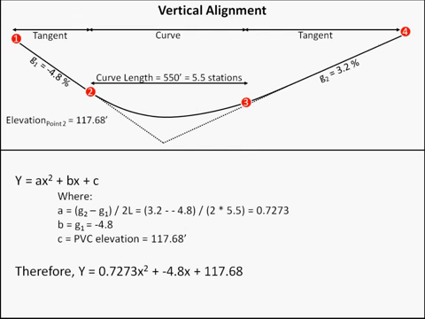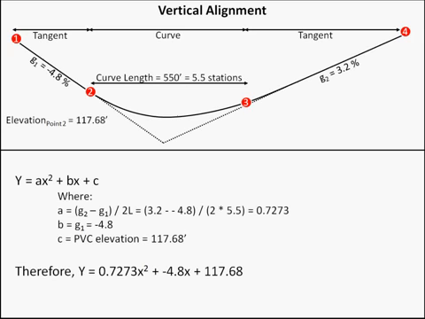To develop the parabolic equation that defines the shape of this particular curve, we need to calculate A, B, and C. A is equal to G2 minus G1 divided by 2 times the length of the curve, or in this case, 3.2 minus negative 4.8 divided by 2 times 5.5, which is equal to 0.7273.